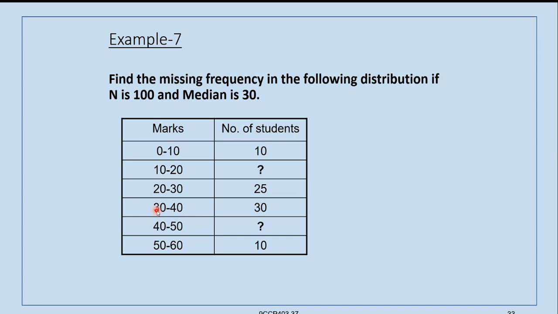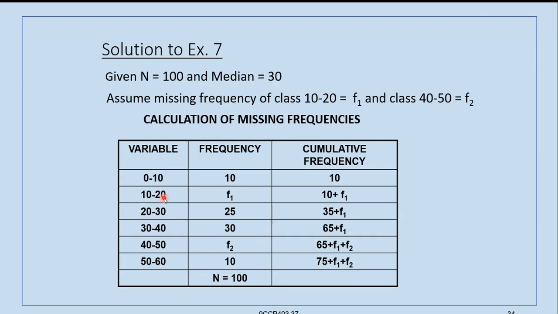Then we can solve the problem. We can take either 20 to 30 or 30 to 40; we can assume anything. I think in the solution I have taken this median class. Let us see. Yes, this is taken as the median class.